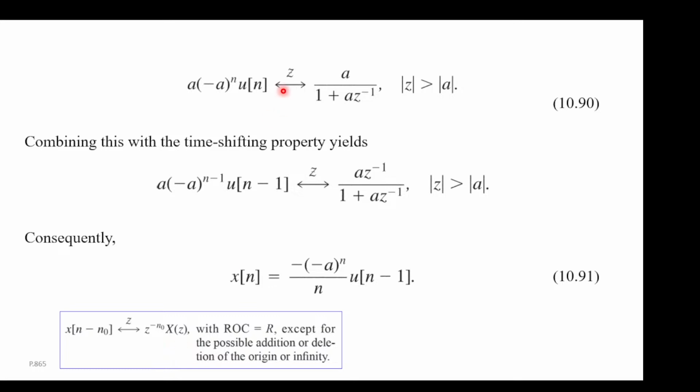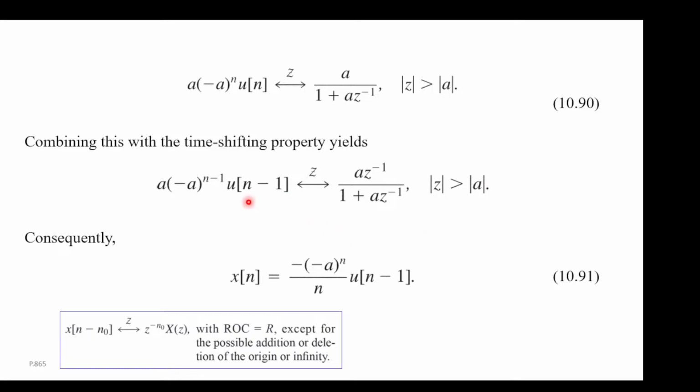So if you shift n to n minus 1, so all your n become n minus 1, then you will get the extra z minus 1 factor here, and that's exactly the z transform of this part.